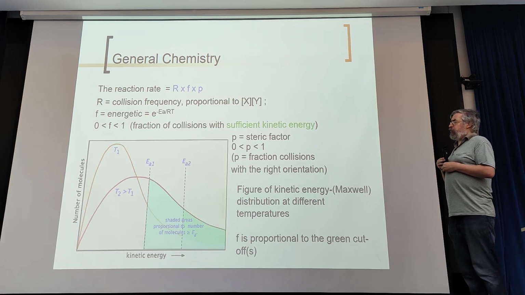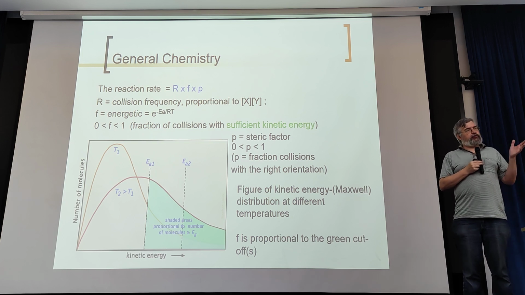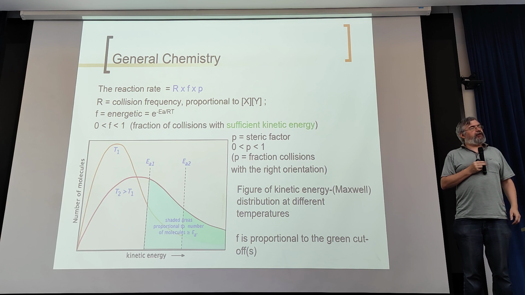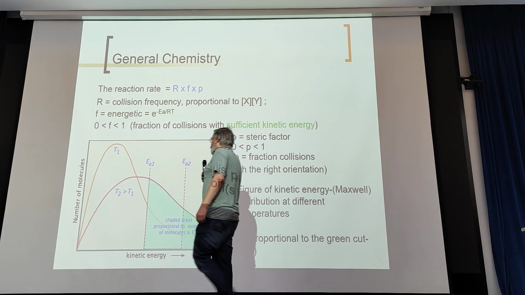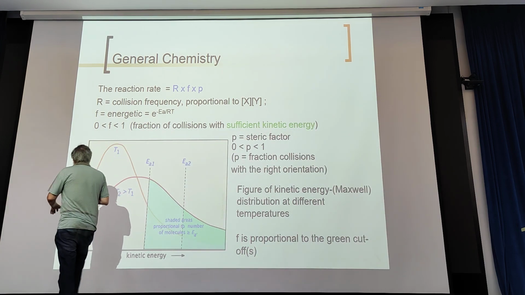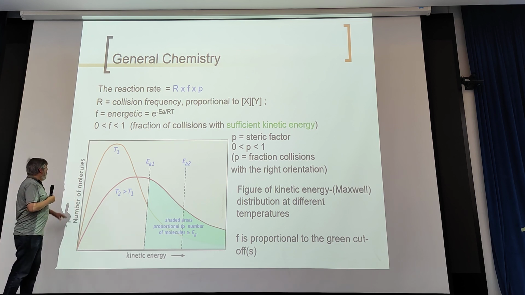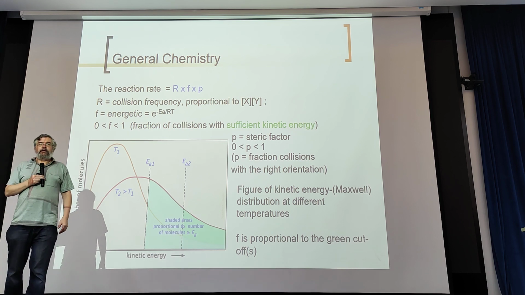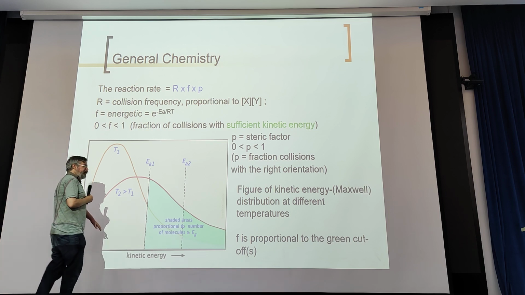And this is a kind of graph that explains, or at least tries to explain, how many of the particles actually have sufficient energy to do that. This is another graph, which is now scalar. Here we have the number of molecules, and this is their kinetic energy.